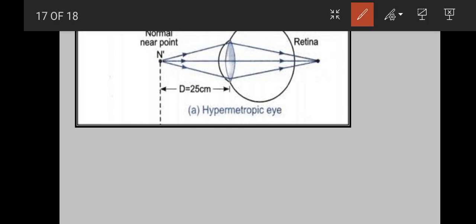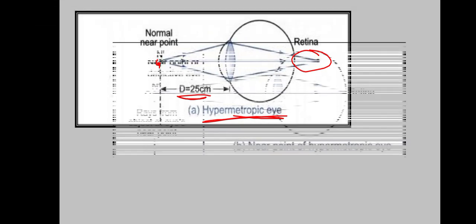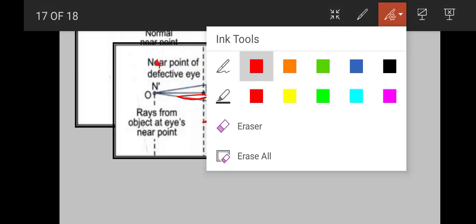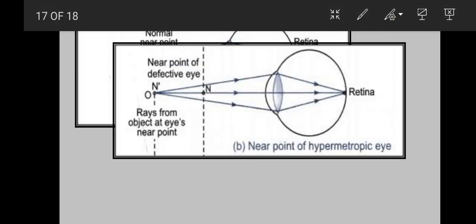Here you can see an object is located at the normal near point, which is at 25 centimeter for the normal eye. But what is happening, as the eye is a hypermetropic eye, the image is formed behind the retina, so it will be a blurred image. So what happens next? The near point of the normal eye is 25 centimeter.